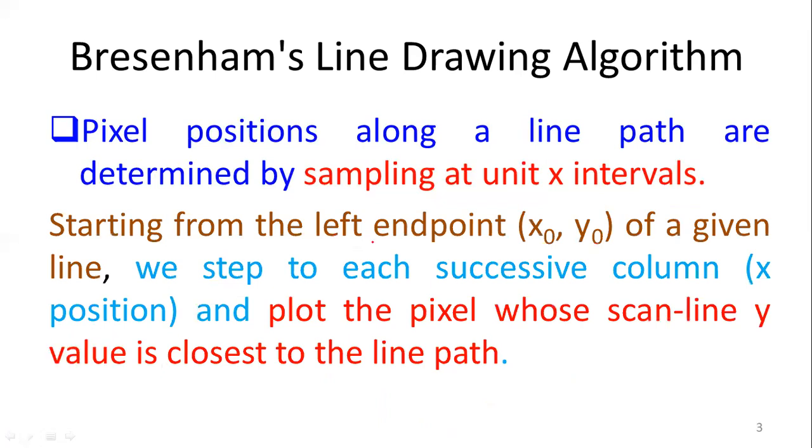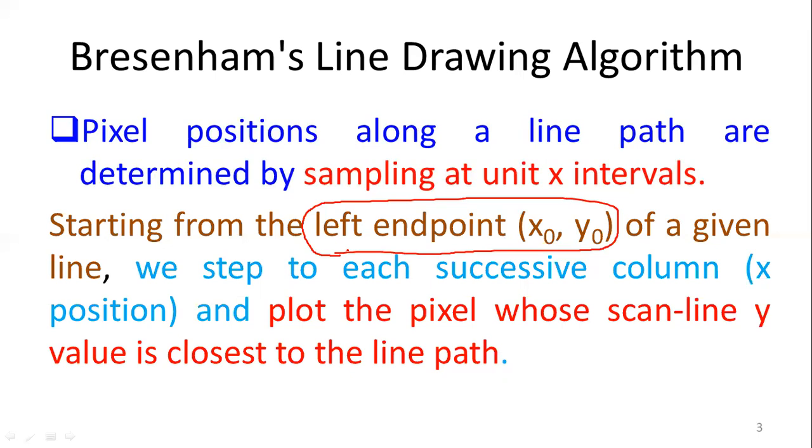While applying the algorithm, we will start from the left end. We know that a line has two endpoints, a left end point and a right end point. So we will start the plotting from the left end point, which is x0, y0.